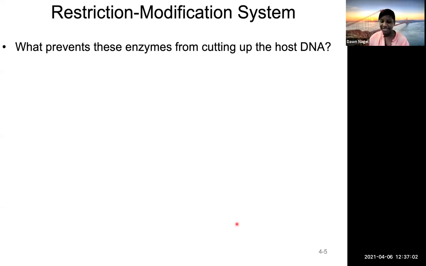But it is recognizing DNA. So how is it able to prevent these enzymes from cleaving its own DNA? How do you distinguish between foreign DNA and your own DNA, because these restriction enzymes and the restriction sites are both present within the bacteria?